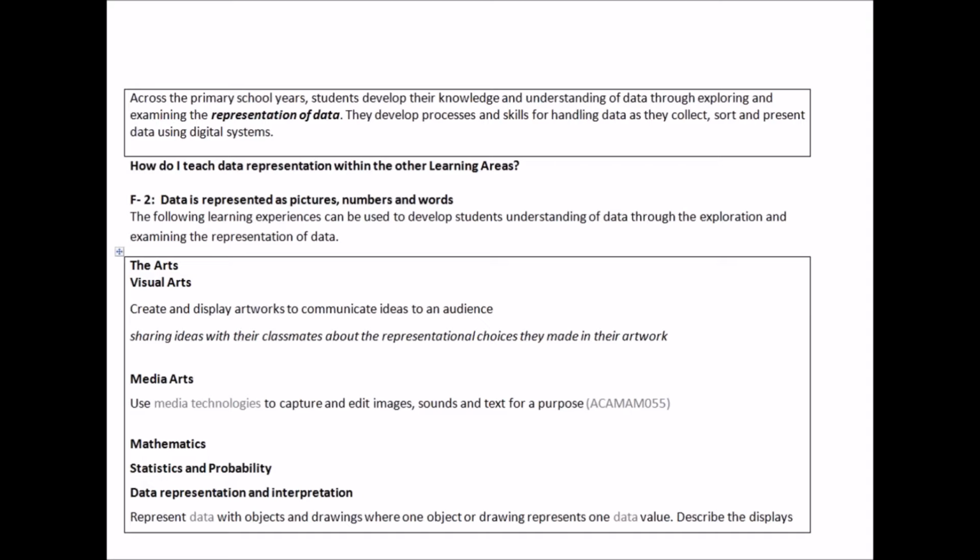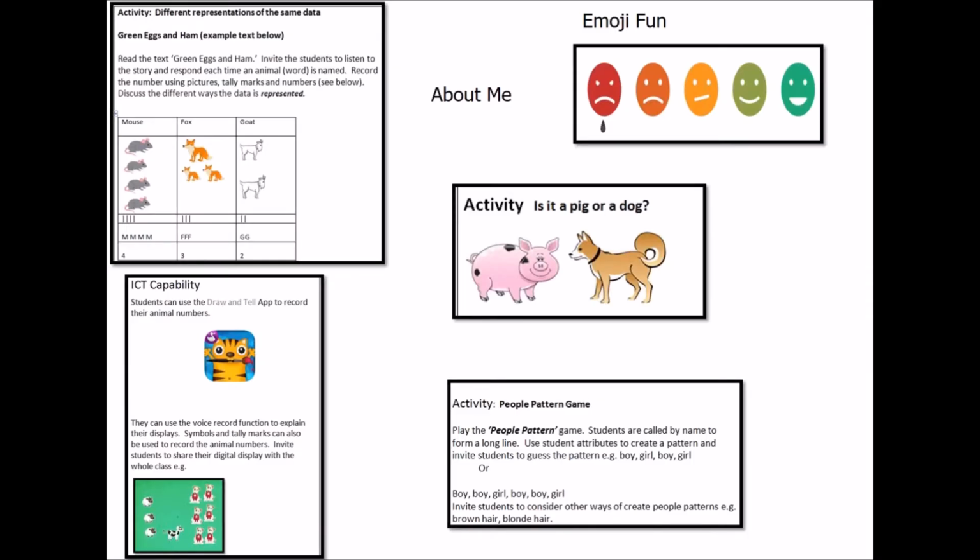Okay, now this is a bit hard to read, but I just wanted to demonstrate here in this data representation that in visual arts, media arts, and in mathematics, statistics and probability, data representation, interpretation, these strands in the other learning areas are also opportunities to support the components across in Digitech.